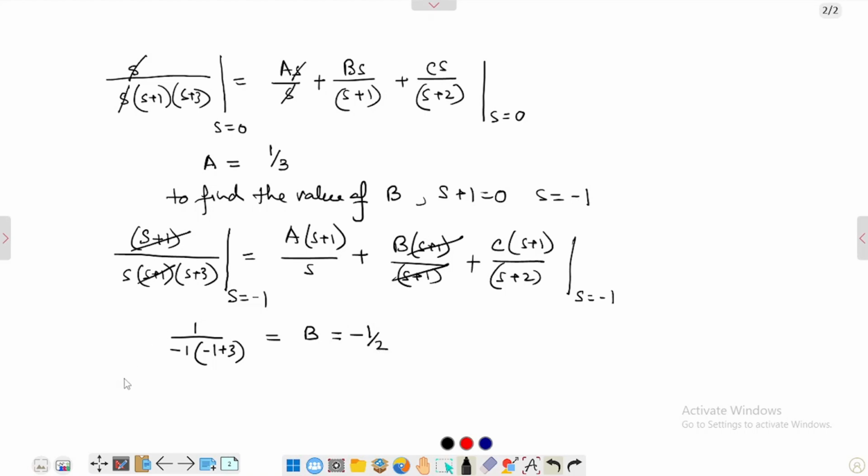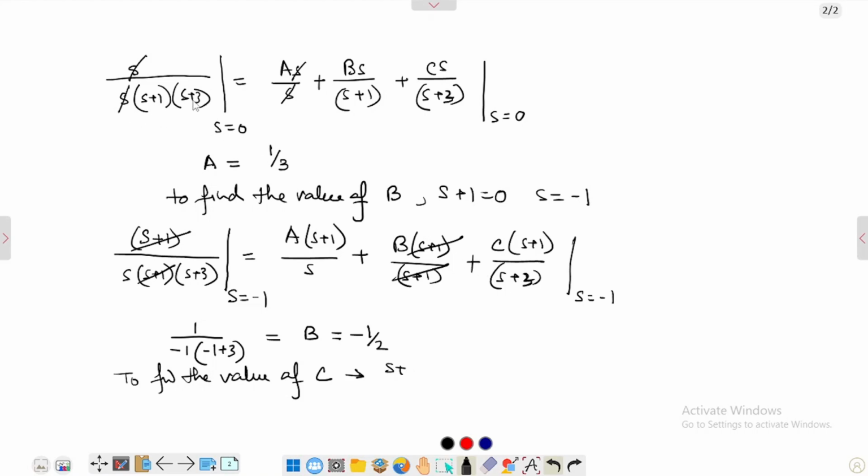Similarly, to find the value of C, what is the pole? It's s plus 2, sorry.